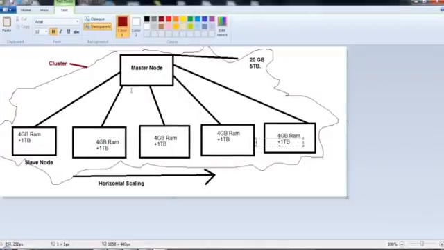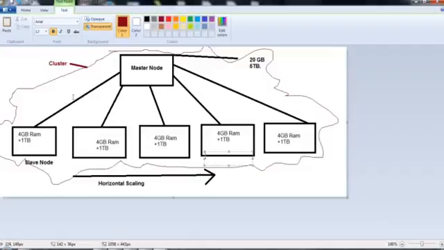This is your entire cluster, which I can call a Hadoop cluster. Now you want to store data, that's what we are talking about, right? It's big data. So how can we store the data in this cluster? We'll understand how data actually gets divided and stored across multiple nodes.